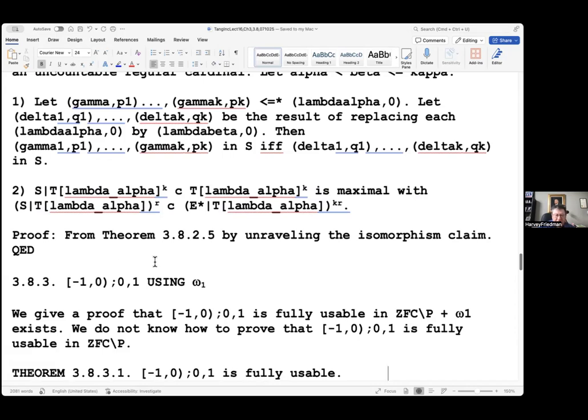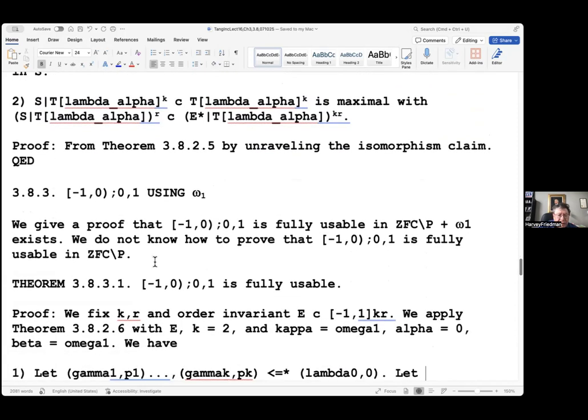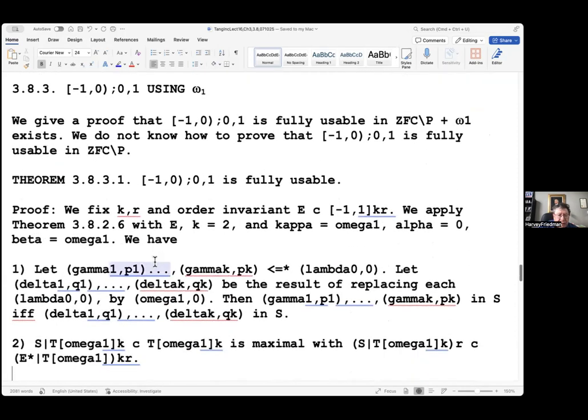All right, now we're ready to apply this machinery. So the first application is that -1, 0, 0, 1 is usable. And we're going to use omega 1. So we give a proof that this is fully usable in ZFC minus power set plus omega 1 exists. We don't know how to do it in ZFC minus power set. Okay.